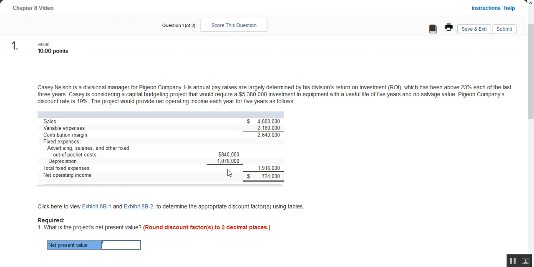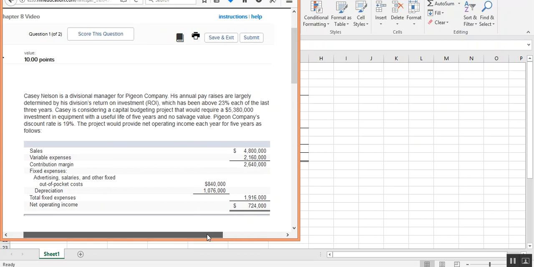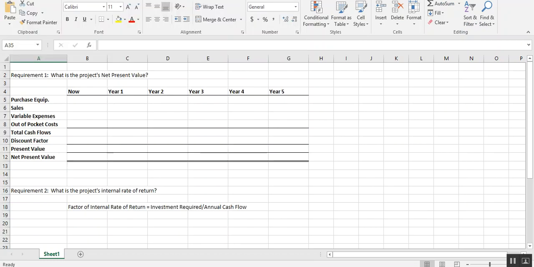So what we're trying to figure out is, is this a good investment of our money, or can we have a greater return on our money by investing it in something else? And to know that, we're going to calculate the net present value of each of these cash flows. So we minimize that a little bit so we can see both of these.